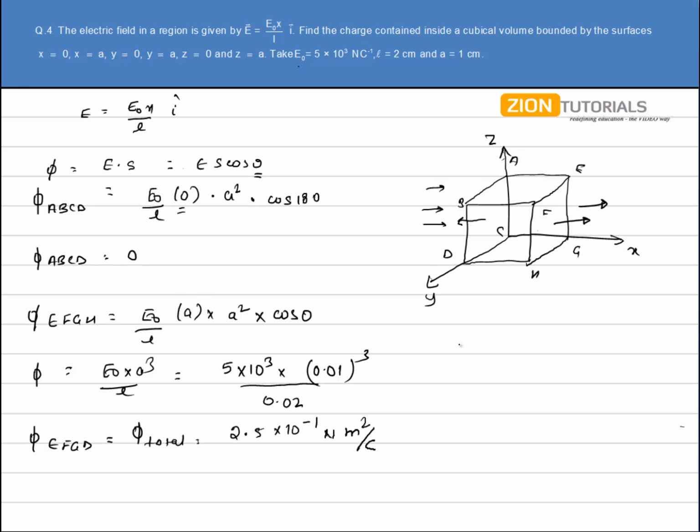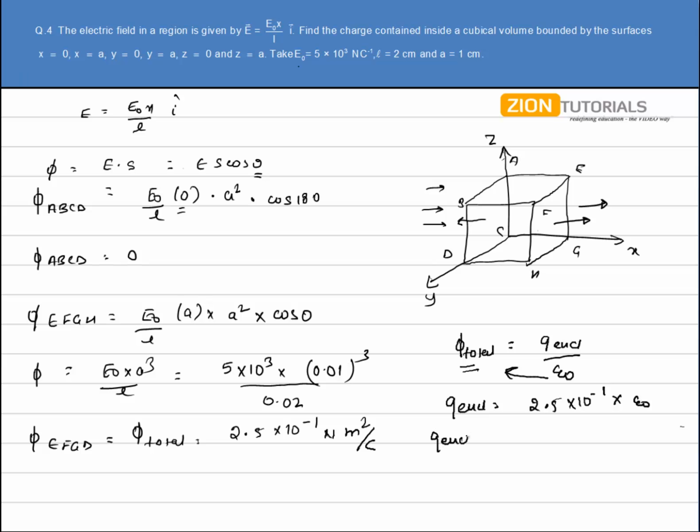Now we know that the total flux passing through any body is given by Q enclosed by the body divided by epsilon naught. Now what I have to calculate is the charge, so Q enclosed, that is what I have to calculate. I know the total flux that is passing through the whole cube, that is 2.5 into 10 to the power minus 1, and I can multiply it by epsilon naught.